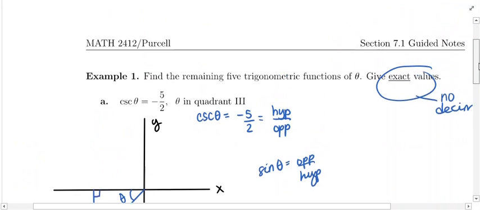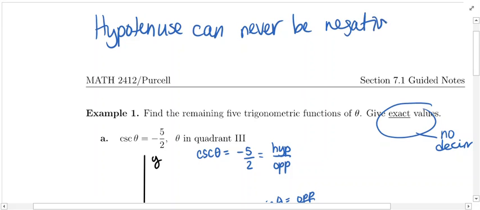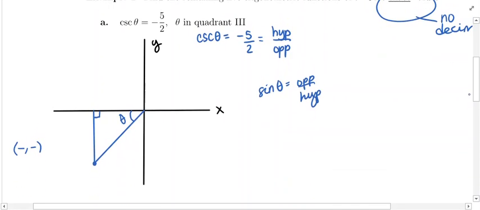The only thing here is that the hypotenuse can never be negative. So if we equate negative 5 halves with the hypotenuse over the opposite, the negative sign has to go with the 2, and the 5 needs to be positive. Positive 5 divided by negative 2 is negative 5 halves. The hypotenuse is positive 5, and the opposite side is negative 2.